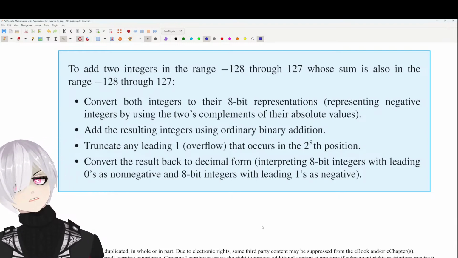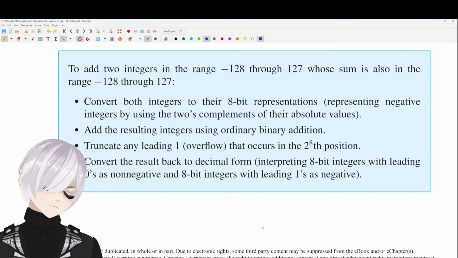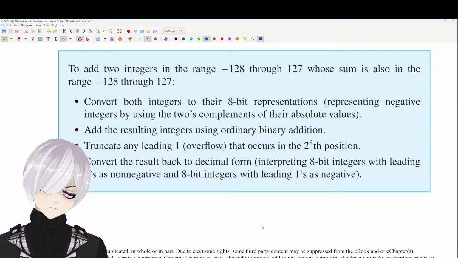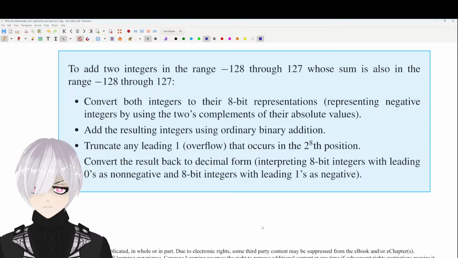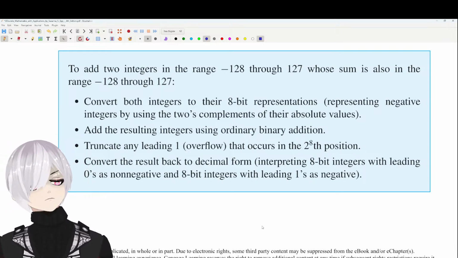You have to have both the numbers and the sum in that range. Convert both integers to their 8-bit representations, representing negative integers by using the two's complements of their absolute values. Add the resulting integers using ordinary binary addition. Truncate any leading 1 overflow that occurs in the 2 to the 8th position. Convert the result back to decimal form, interpreting 8-bit integers with leading zeros as non-negative and 8-bit integers with leading ones as negative.